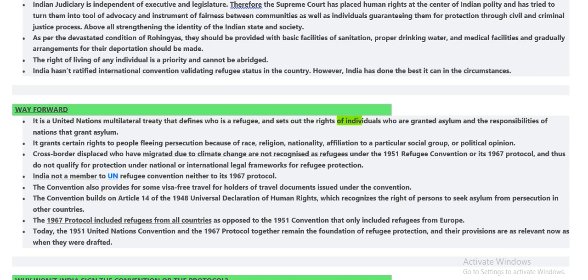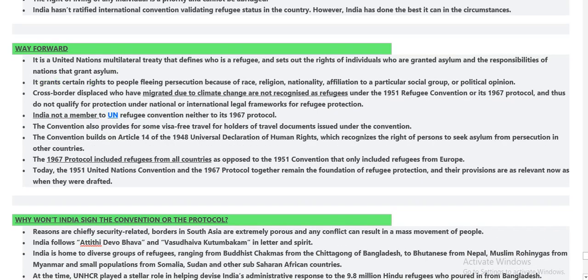India hasn't ratified international convention validating refugee status in the country. However, India has done the best it can in the circumstances. Way forward. It is a United Nations multilateral treaty that defines who is a refugee, and sets out the rights of individuals who are granted asylum and the responsibilities of nations that grant asylum. It grants certain rights to people fleeing persecution because of race, religion, nationality, affiliation to a particular social group, or political opinion.